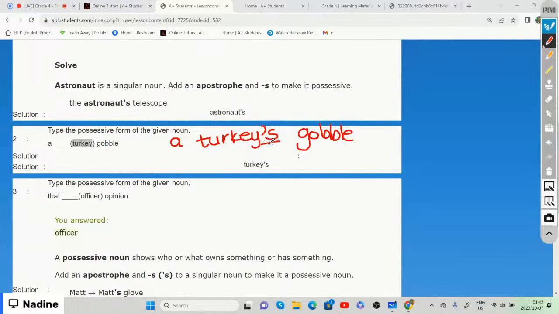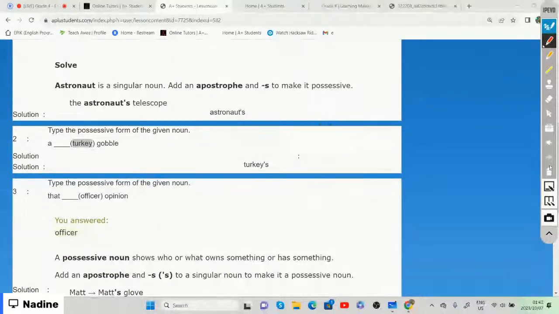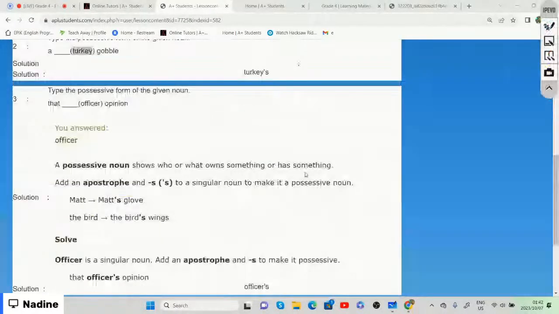And there we added our apostrophe and an S to show possessive form. And that officer opinion. And if we rewrite that, we will say that officer's opinion. And that is our possessive nouns.